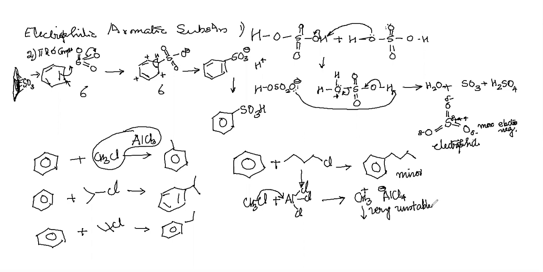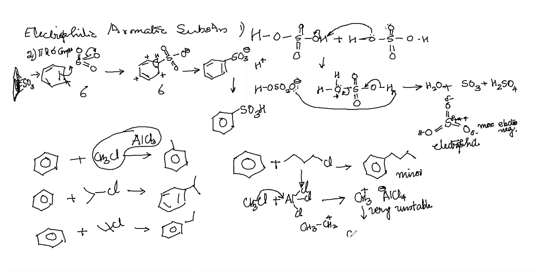Unstable. As far as methyl is concerned, no problem. Nothing is going to happen to it. As far as ethyl is concerned, CH3 CH2 also, no problem. Nothing is going to happen.